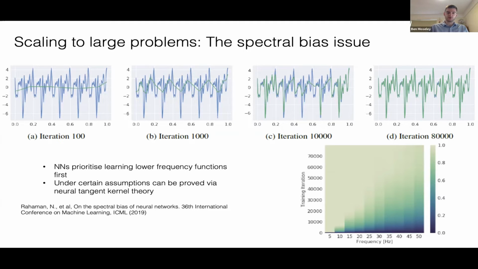And you can actually show under some assumptions via neural tangent kernel theory that you can expect much slower convergence of the higher frequencies in your training data compared to the lower frequencies. And this gives you an understanding of why techniques such as early stopping when we're training networks work, because we don't overfit to the higher frequencies in the data. But this isn't great when we want to train a PINN to learn high frequency solutions of a differential equation.